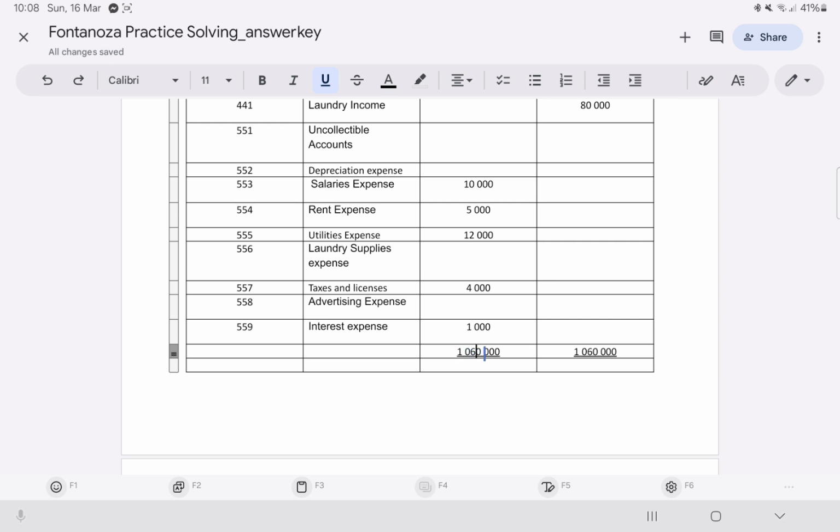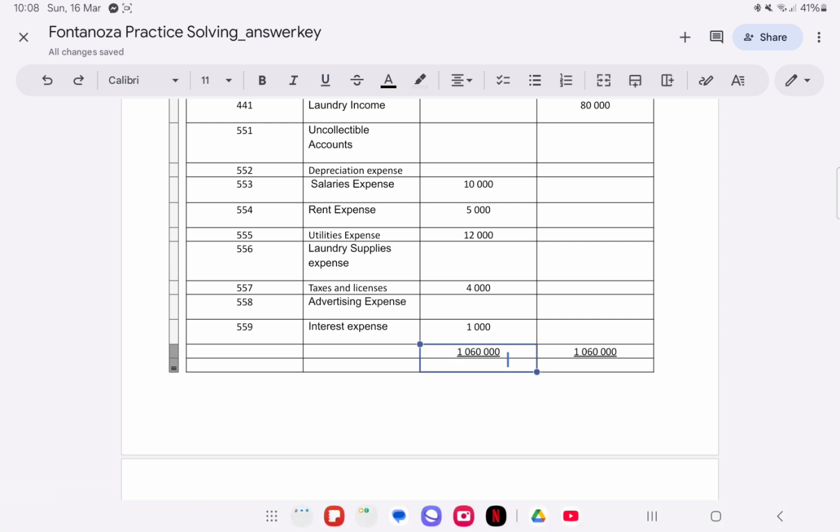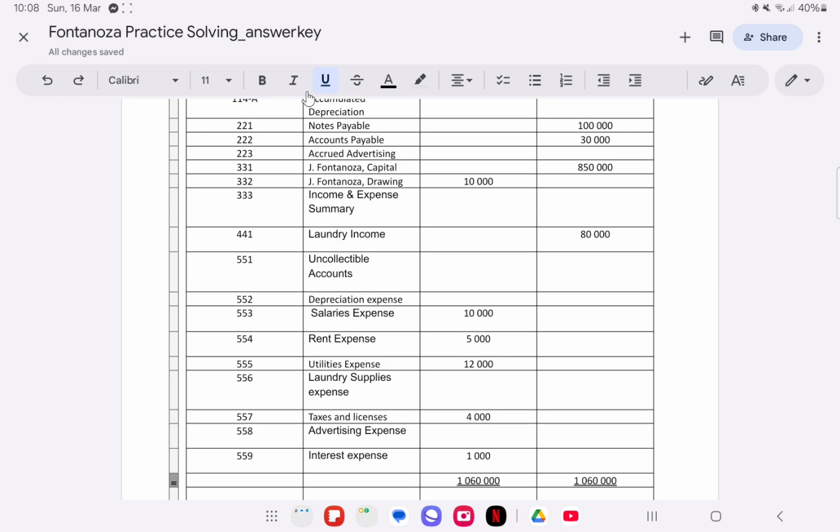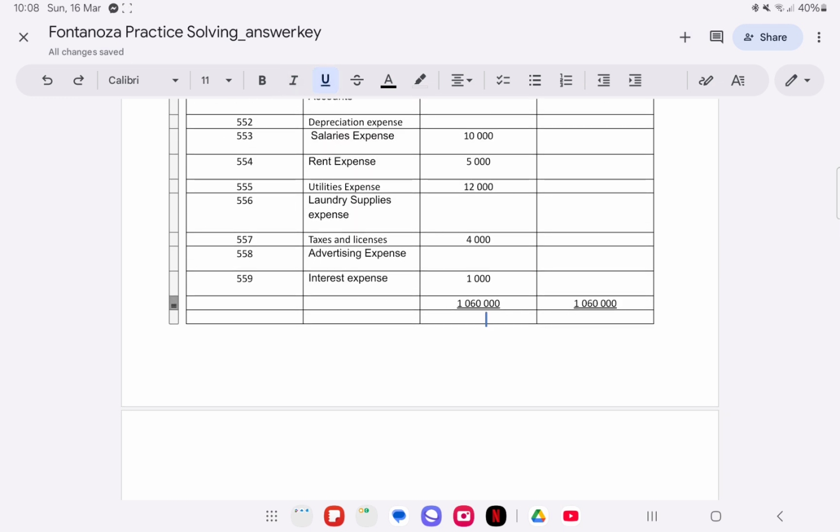So 1,060,000. So make it double line. So you should double line. So this is assuming that this is double line since I only use the Google form, so there's no double line in the upper portion.